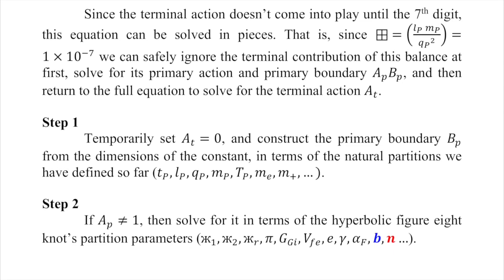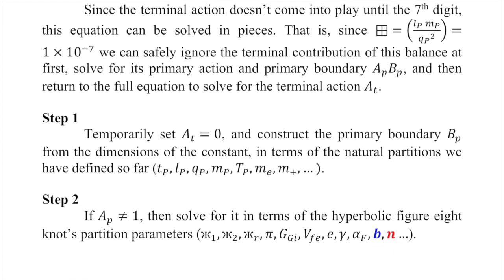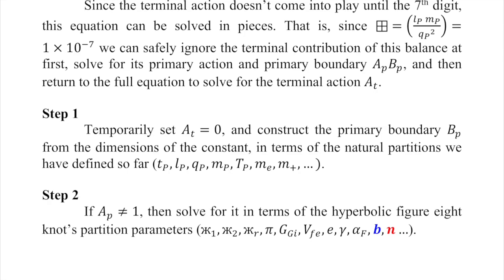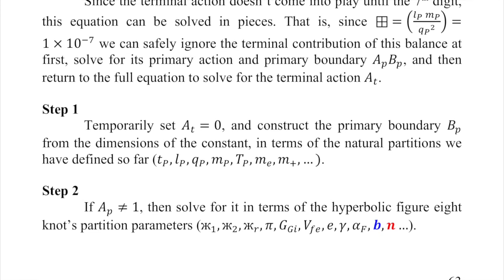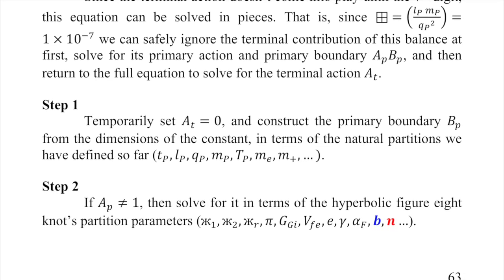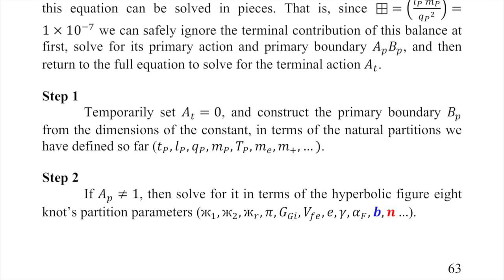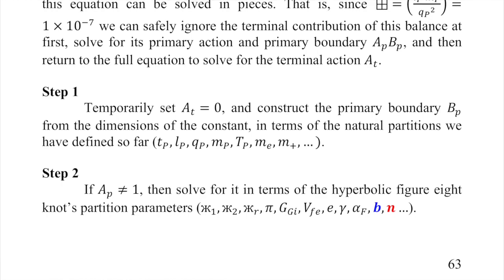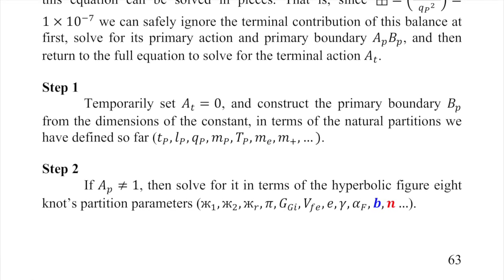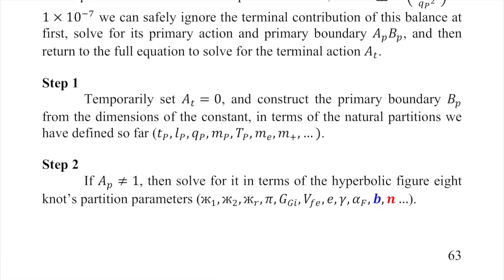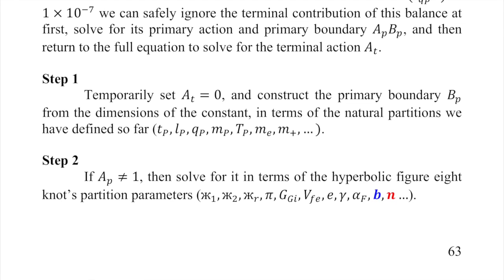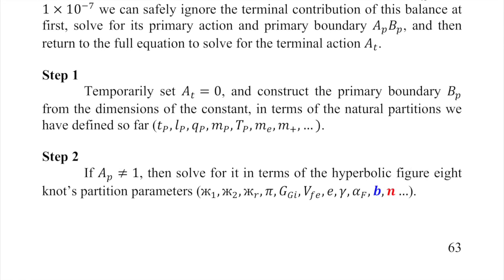Step 2: once we solve for the primary boundaries, if the value we have isn't already correct for the first 7-ish significant digits, then you still have to solve for the primary action being applied. If it is correct, then the primary action is just going to be 1. It's not just a unitary balance you're talking about between these boundaries.